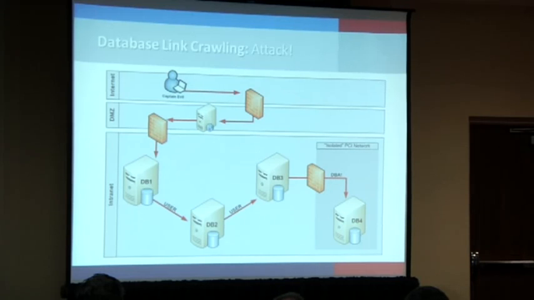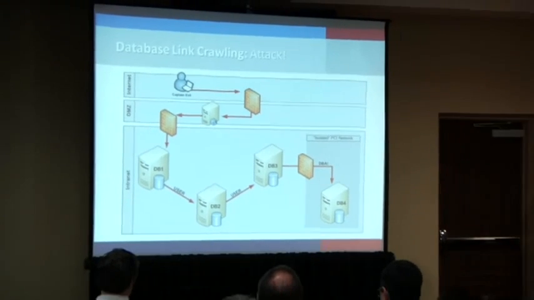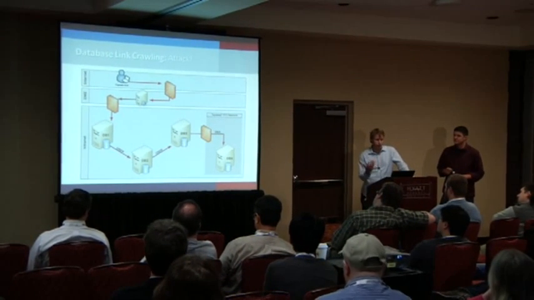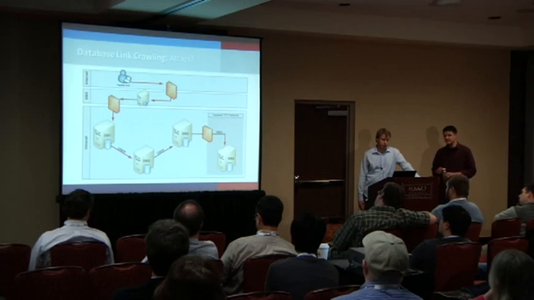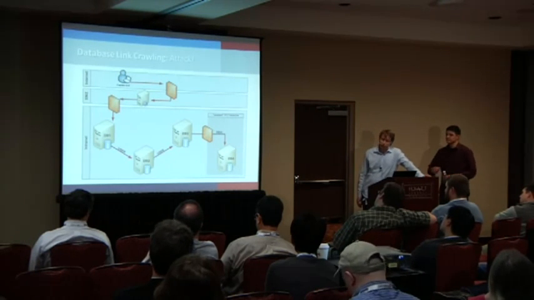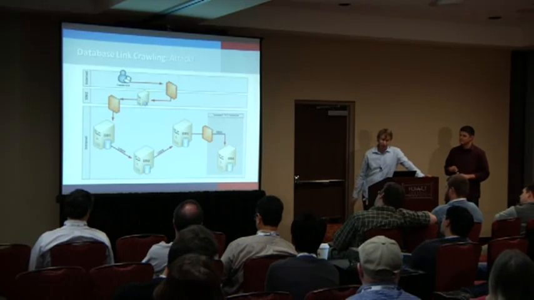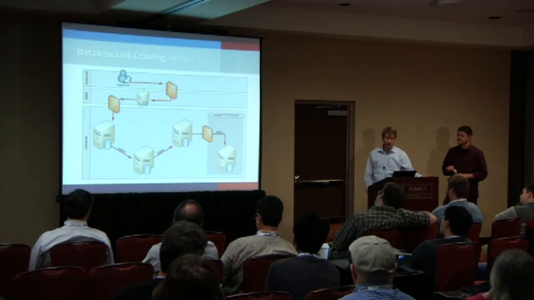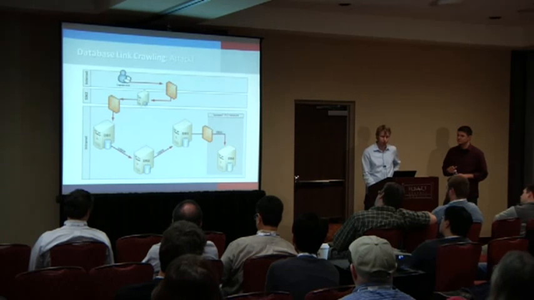Very often it's not publicly accessible, so we can't actually compromise the database server directly, but we can start following the links from there. So go from DB1 to DB2, DB3, and then I guess in the best case, we can find a link to the secure network with excessive permissions, and that allows us to compromise the most important database.